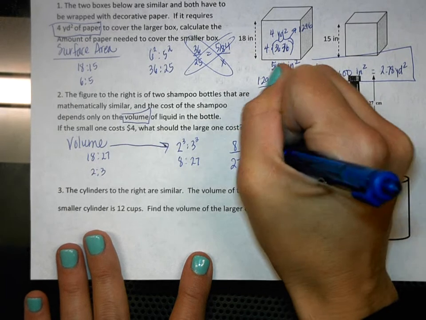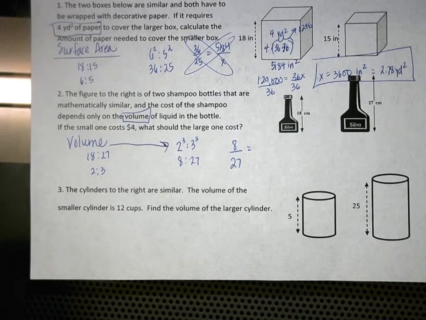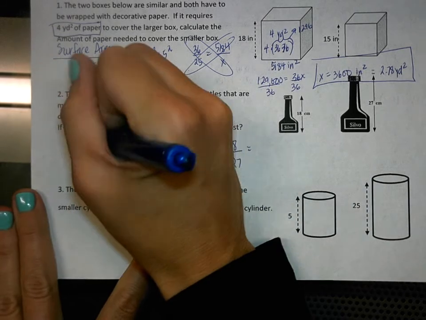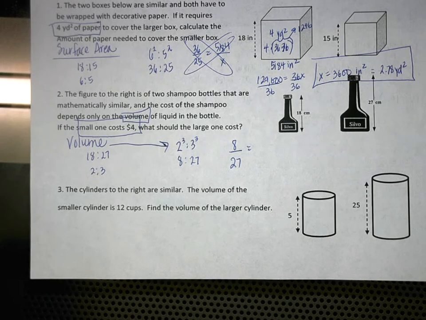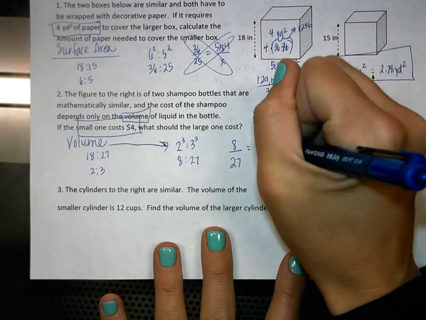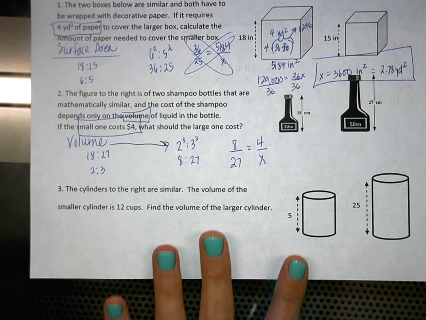And then we're dealing with our cost, which would be what? $4. Is it going to go on the top of my ratio or the bottom? Top. Why top? It's what the small one costs. And if you wrote yours differently, then it would be on the bottom. But so that's 4 over x. And then we solve this the same way.